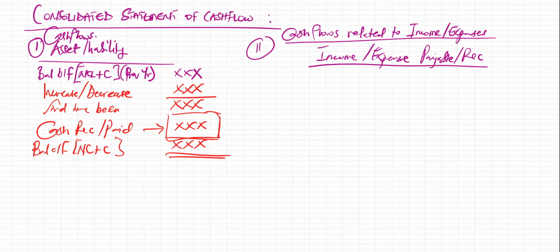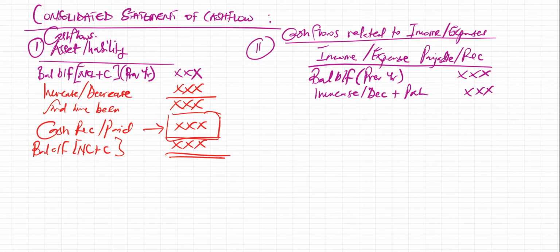So when it comes to income or expense, receivable or payable, take the opening balance on the balance sheet, basically for the previous year. So the opening balance is always the previous year. So let's say 2014, 2013, you take that one. Then add any increases or decreases, especially if there's a P&L figure.